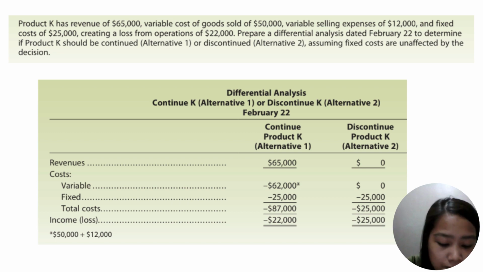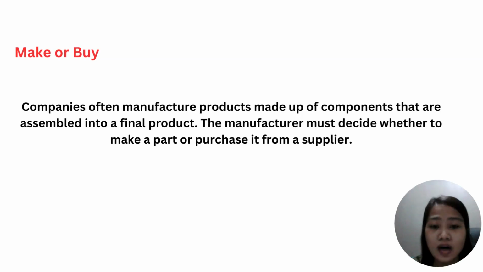So definitely, the company would choose to continue product K since it will only have $22,000 at a loss. So now we proceed with the next part of the differential analysis, which is the make or buy.